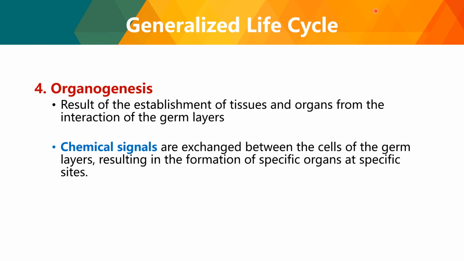So basically in organogenesis, we also have what you call the chemical signals, which are actually helpful in the exchange between the cells of the germ layers, resulting in the formation of specific organs at specific sites. So, ibig sabihin, these chemical signals, they are the ones responsible to pull those cells kung saan ba dapat sila naka-layout.